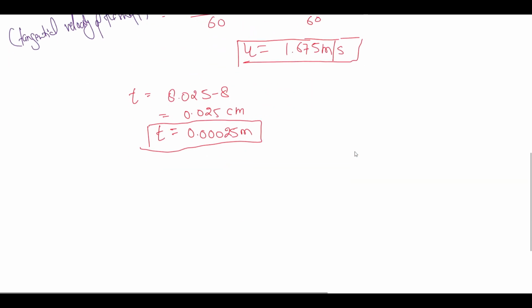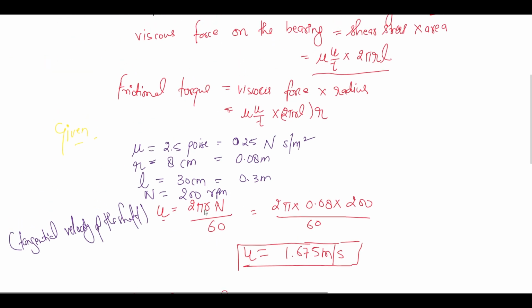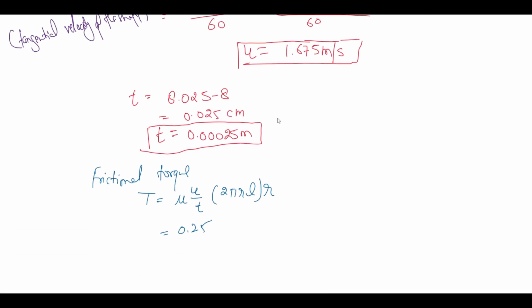Now the friction torque. For friction torque I have the formula: T is equal to mu u by t, into 2 pi r l, into r. What is mu? Mu is 0.25. We also found u is 1.675.